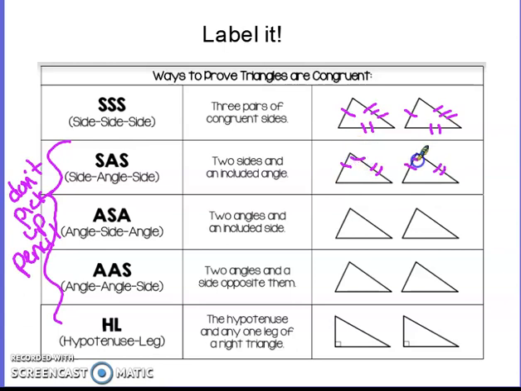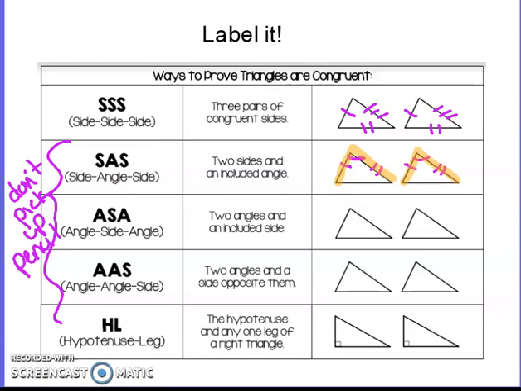That means I need this top angle, because if I were to trace it, I went side, angle, side, and I didn't pick up the pen either time. Now, it could be two different sides, but if it was those two sides, that is the only angle possible.